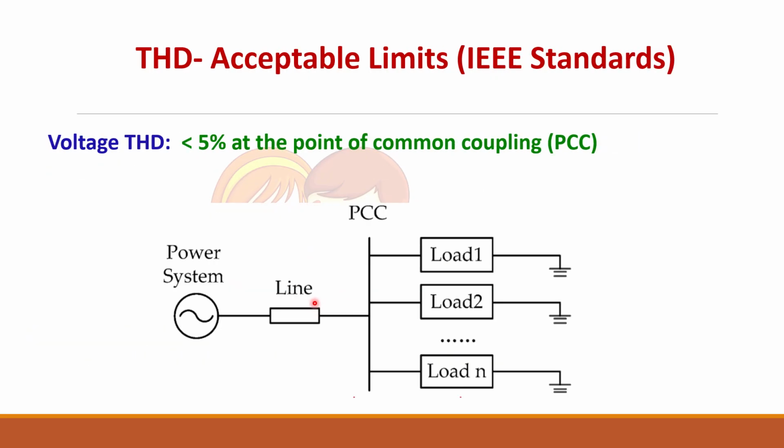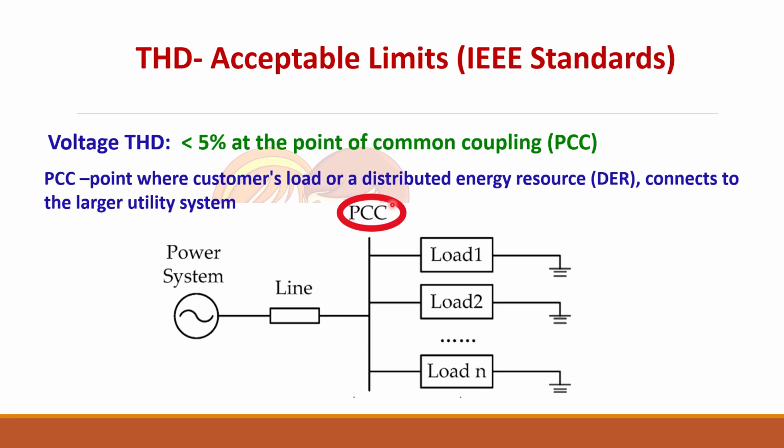There are IEEE standards for the THD. It is different for each application, and voltage THD and current THD are different. A voltage THD should be less than 5% at the point of common coupling. The point of common coupling is here.